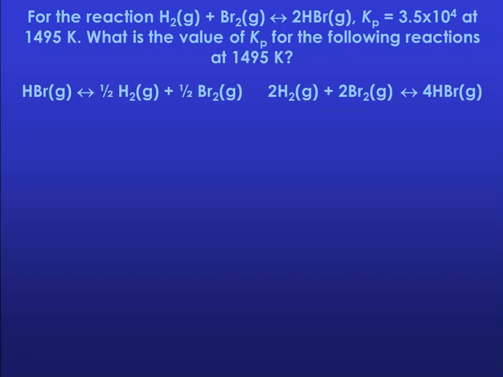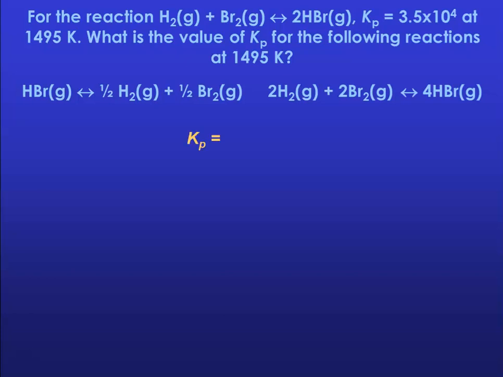Now I want to know what Kp would be if I had two similar reactions. So if I look at the one on the left, I see that compared to my first reaction, HBr is now on the reactant side as opposed to the product, so it's the inverse. But I also have half the amount of HBr that I had in my original reaction.